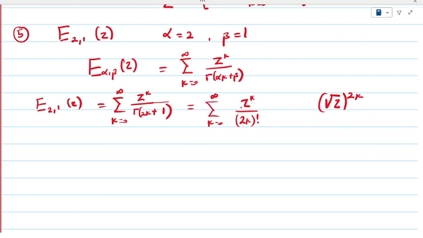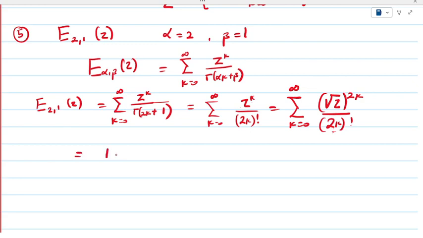So this is the summation k equals 0 to infinity of that over (2k) factorial. Let's start. At k equals 0, that will be z raised to power 0, which is 1, and 0 factorial is also equal to 1.